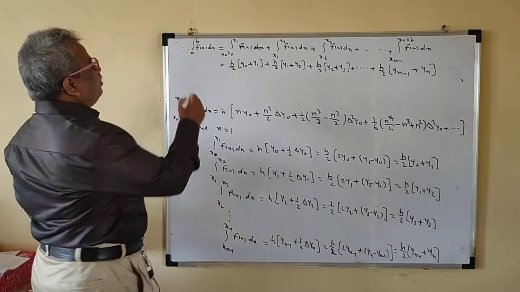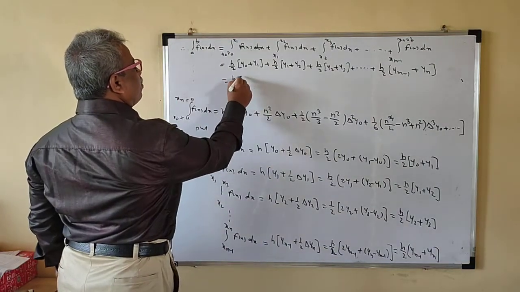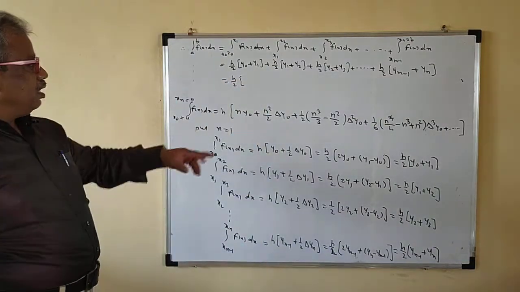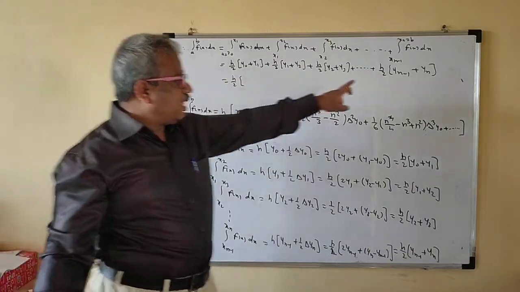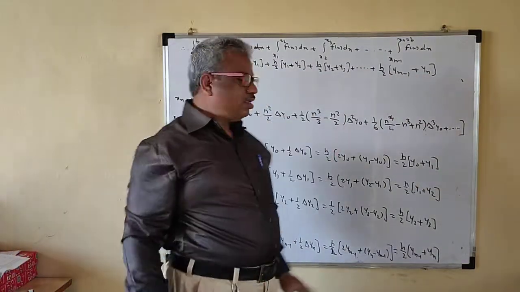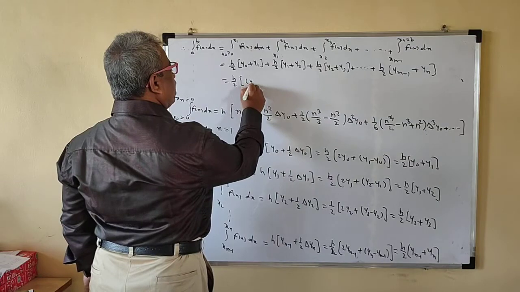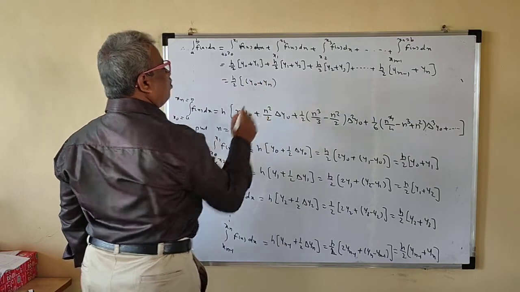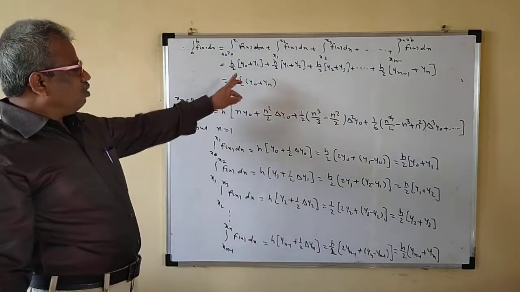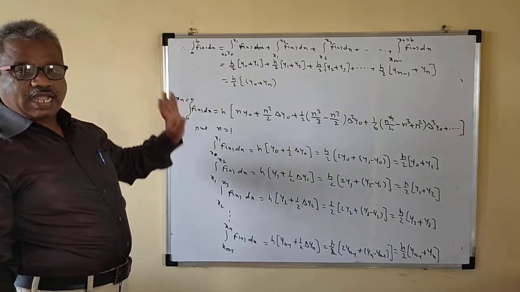Now see here, h by 2 is everywhere, so I will take h by 2 common. Now see, y0 and yn are not repeated, so I will write y0 plus yn, because they are single here, so we take the addition of this.